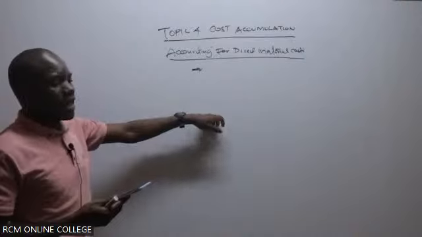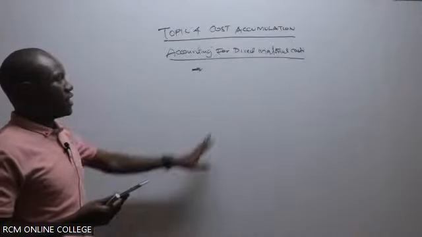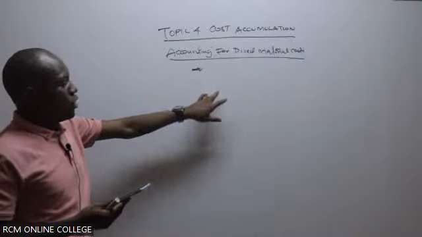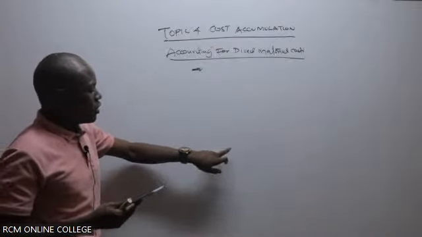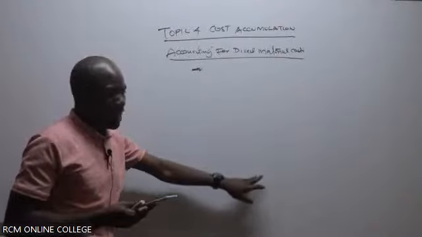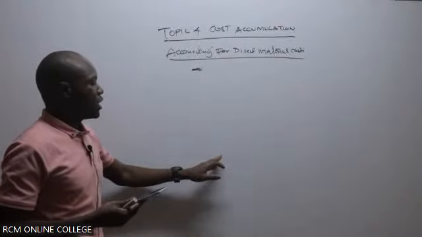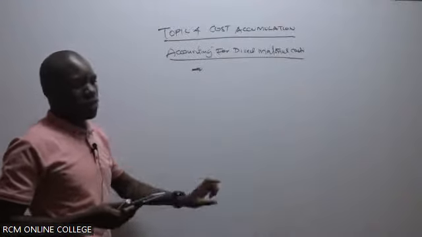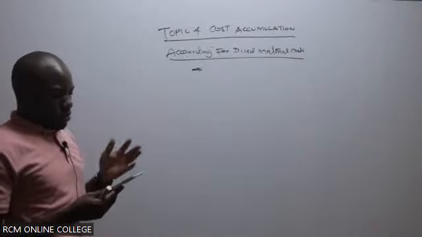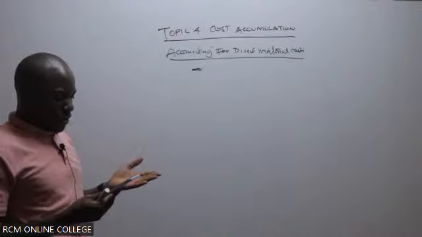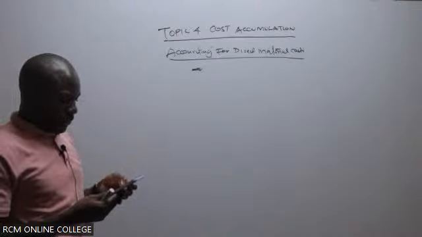You do maintenance and record keeping to tell us this is what we requested, this is what we received, this is what we issued to production, this is what we have in the store as at today, or this is what was lost as a result of spoilage or wastage. You indicate that there. Principles of material control system, we have them there.